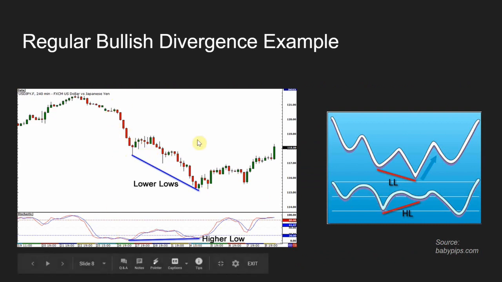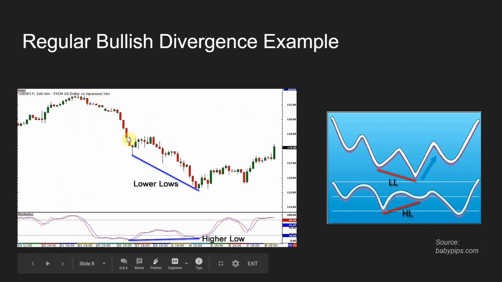So let's have a look over here where you can see a regular bullish divergence example. So again, we're looking for price to make lower lows and for the oscillator to make higher lows. So now if we look at this price chart, and we're going to just look at these two points over here.